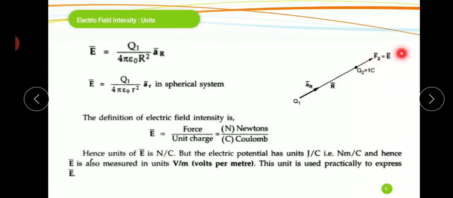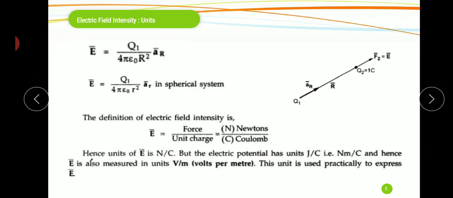That's why we write F2 bar is equal to E bar. Now according to the definition of electric field intensity, E bar is equal to Q1 by 4 pi epsilon naught r square, A r bar. This is the expression, for example, in a Cartesian coordinate system.